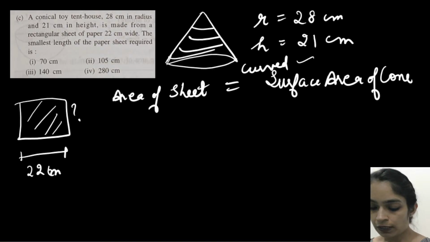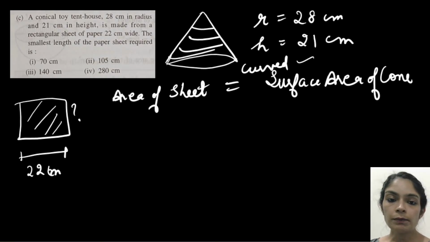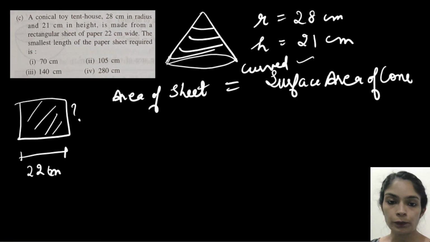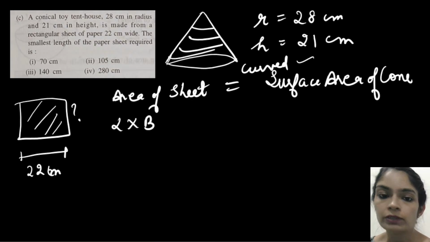So curved surface area we have to use. What will be the area of the sheet? Sheet is rectangular in shape. So area of the sheet will be length into breadth, because it's a rectangle.